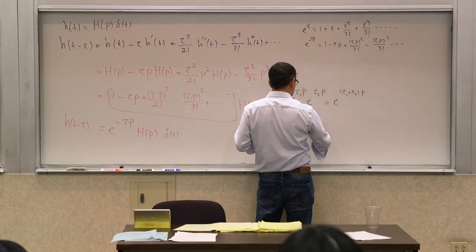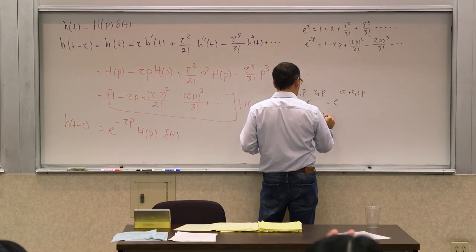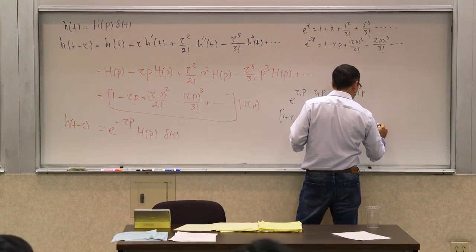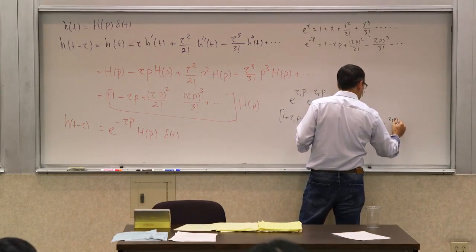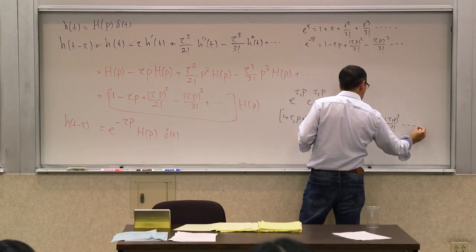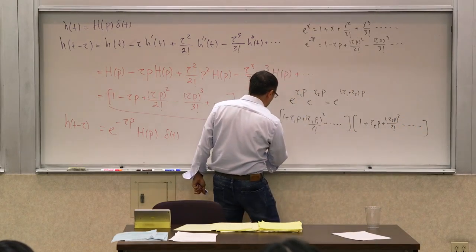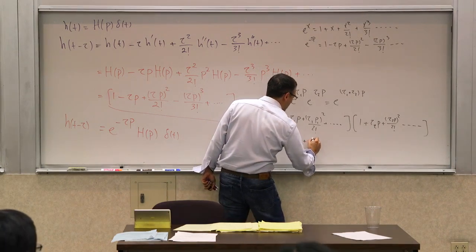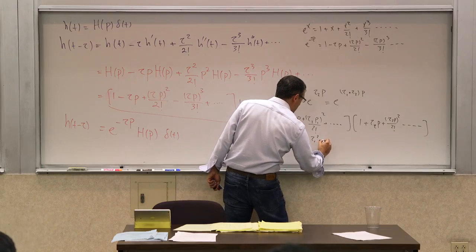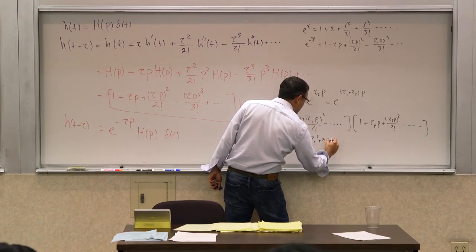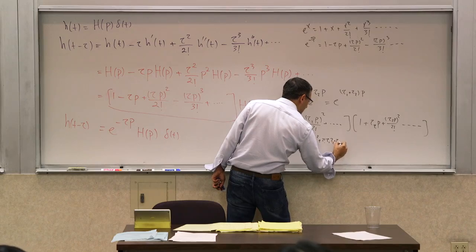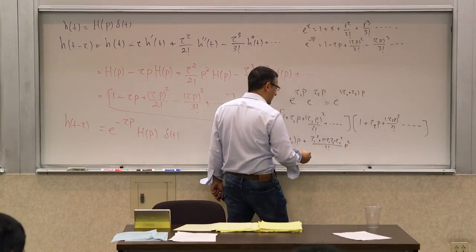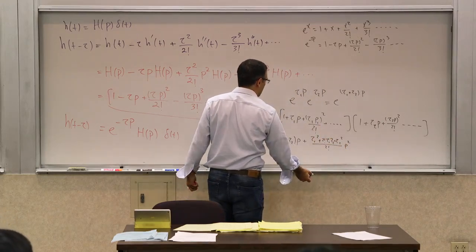Tau 1 p squared over 2 factorial, blah, blah, blah, and then multiply by tau 2 p plus tau 2 p squared over 2 factorial, etc., etc. And if you multiply it out, you will see that it will become 1 plus tau 1 plus tau 2 p plus tau 1 squared plus 2 tau 1 tau 2 plus tau 2 squared over 2 factorial p squared, which basically gives you tau 1 plus tau 2 squared over 2 factorial.